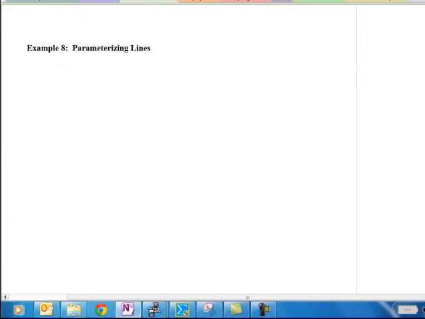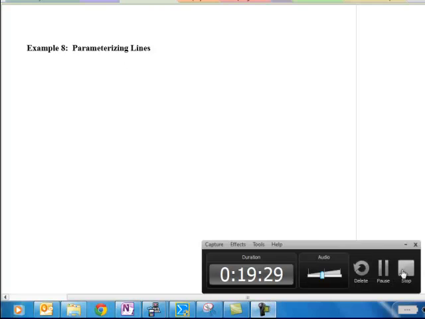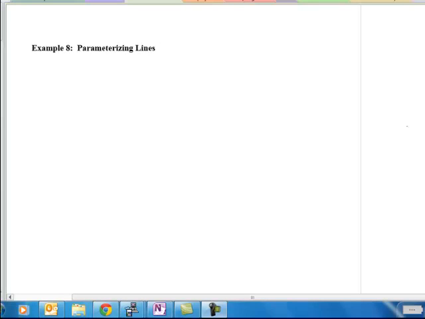Then we want to look at parameterizing lines. We looked at an example of a parameterization of a line at the start of this section, but what I want to do here is just talk more generally about how you could parameterize a given line. So let's picture, we'll work with the form we're used to.